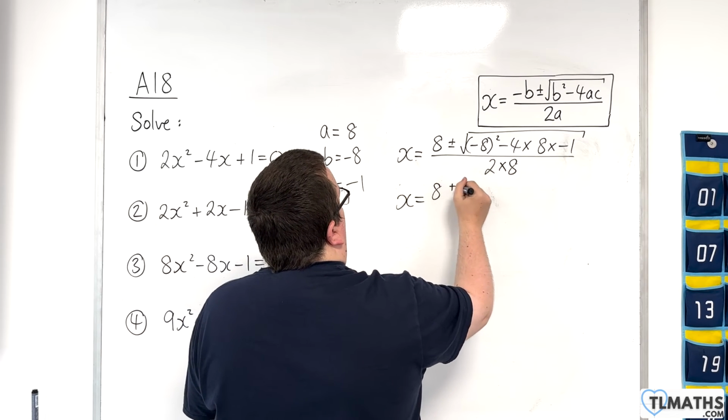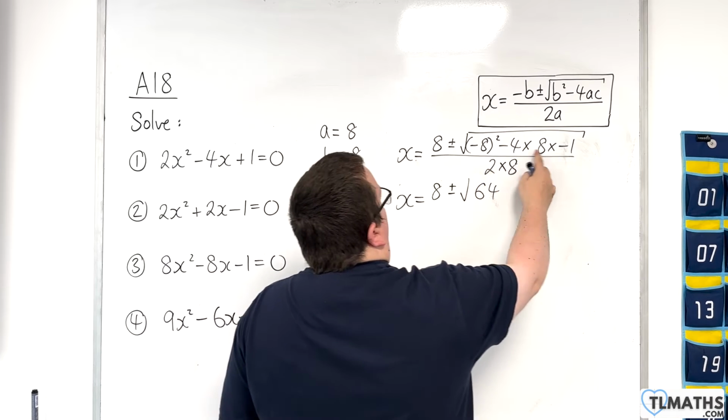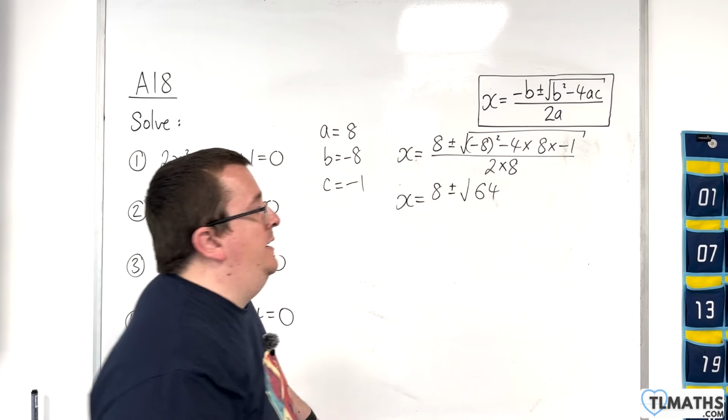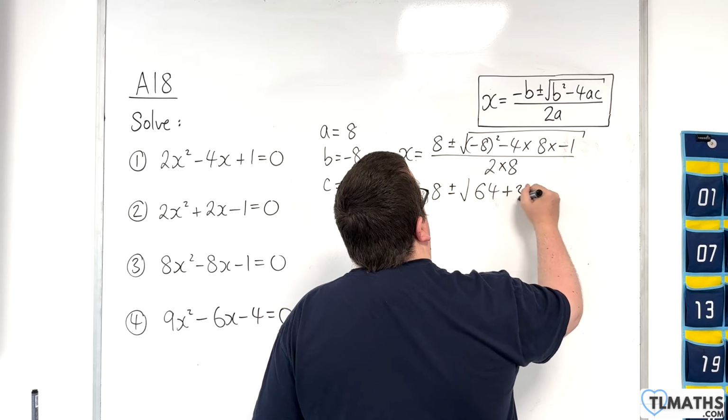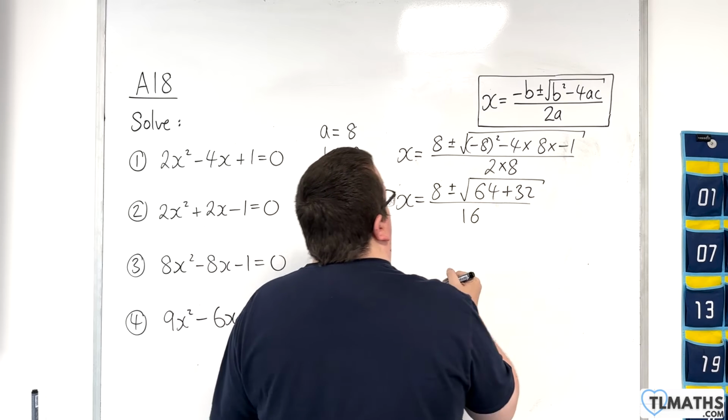So we have 8 plus or minus the square root of, minus 8 squared is 64, minus 4 times 8 times minus 1, well 4 8s are 32, so plus 32, all over 2 times 8, so 16.